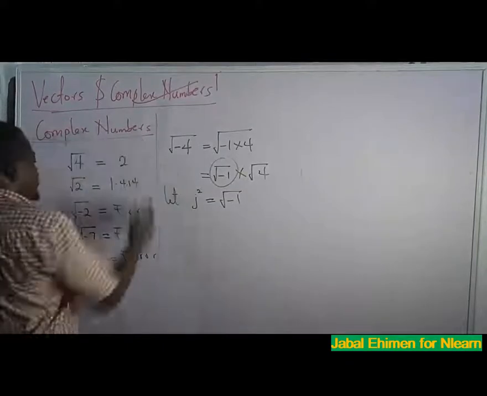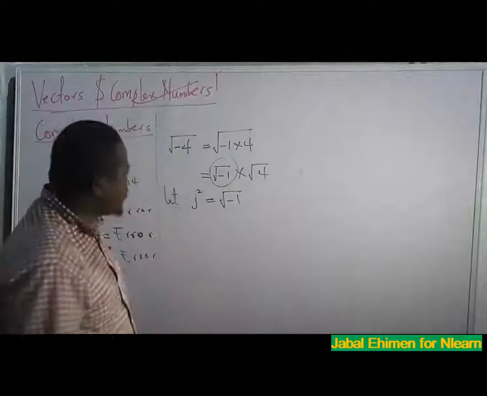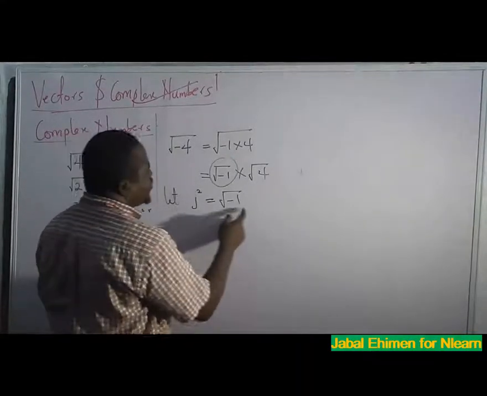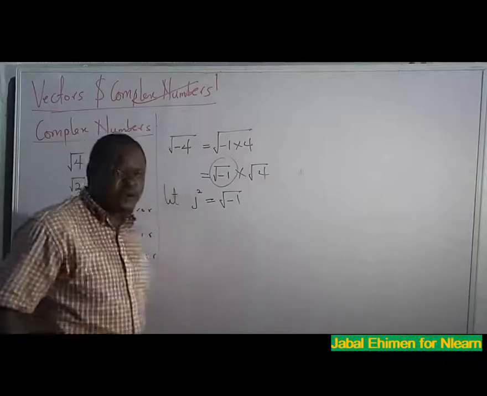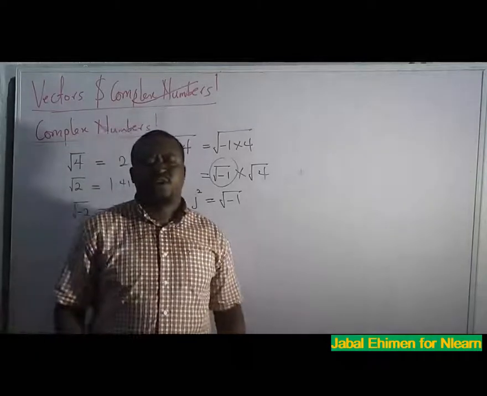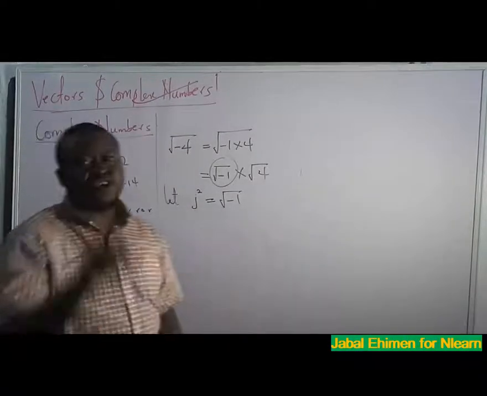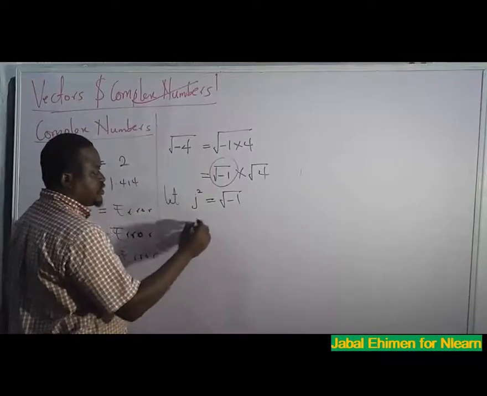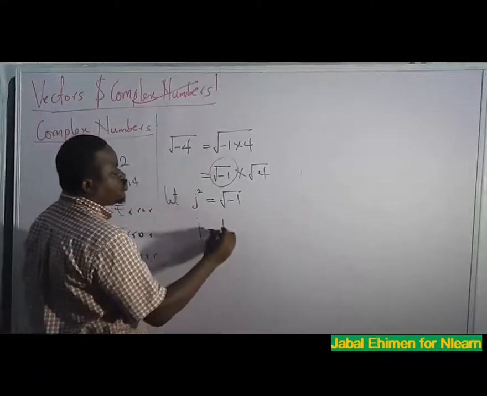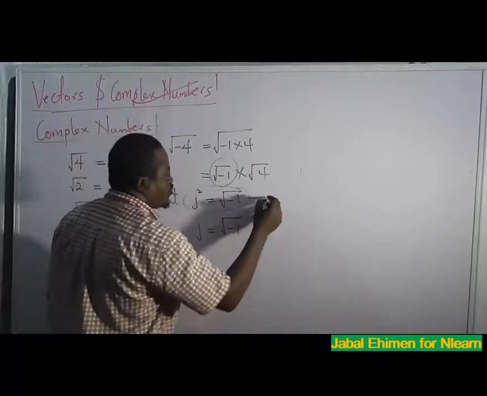So from all these values down to the next values, it becomes easy for us to look at it. j squared equals square root of minus 1? No. The reason is because it's not real. But I can say that j itself can be equals to root of minus 1.